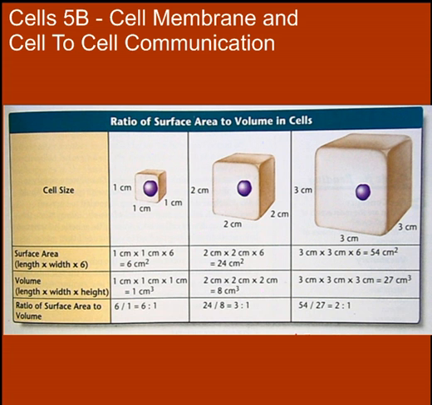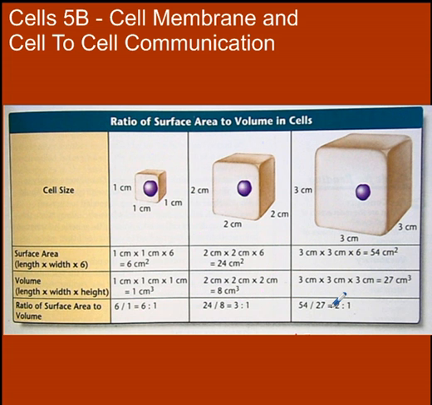This table shows that as a cell, and these are models of cells like we built in the cell size lab, as the cell increases in size, the ratio of surface area to volume gets worse and worse and worse. In other words, for this small cell, there's 6 units of surface area for every 1 unit of volume. But as the cell gets bigger, there's less and less surface area. In other words, there's less and less cell membrane to bring materials into and out of the cell.